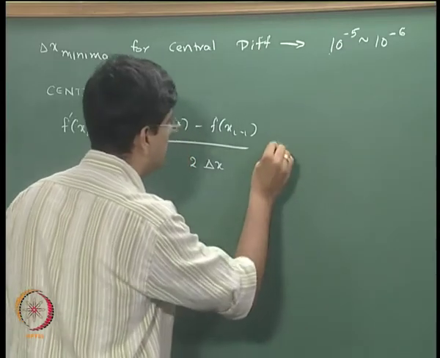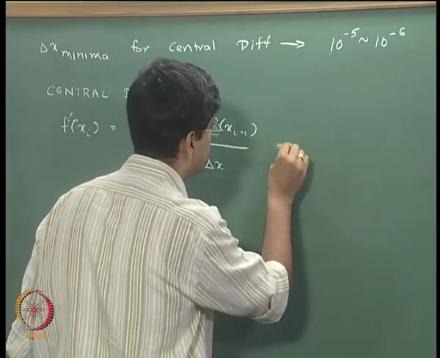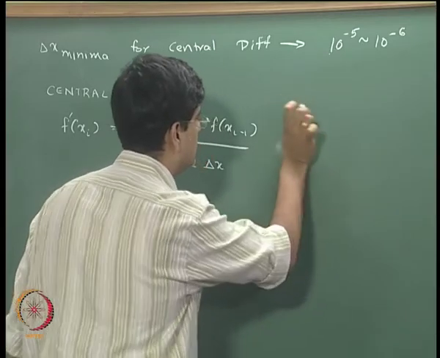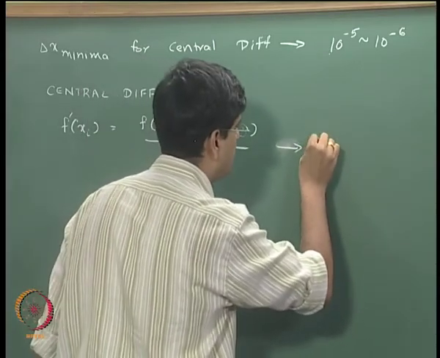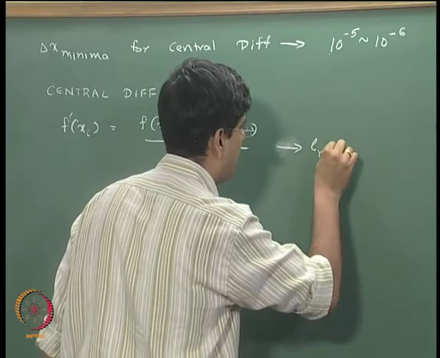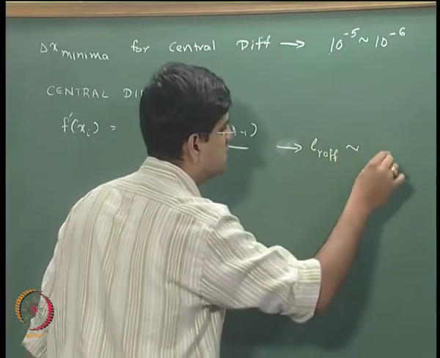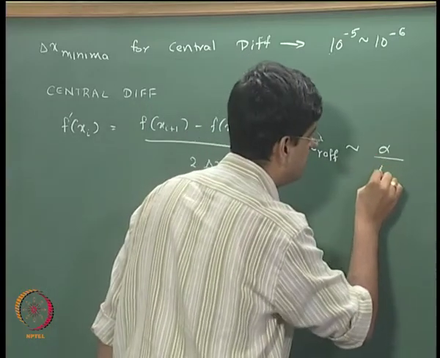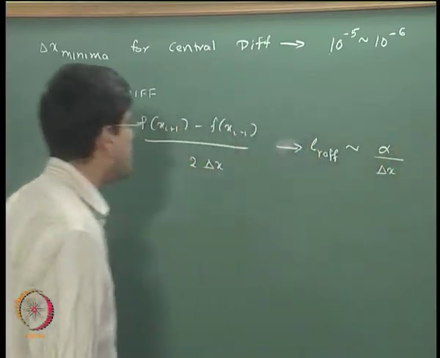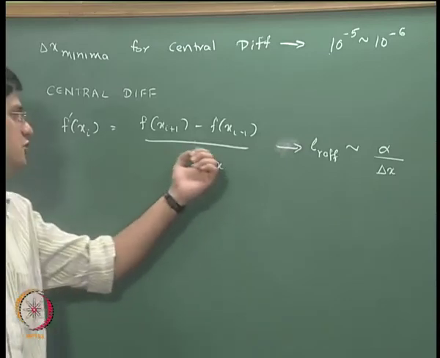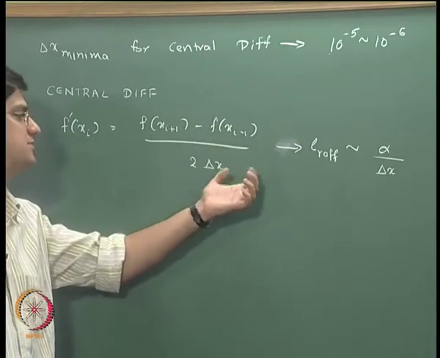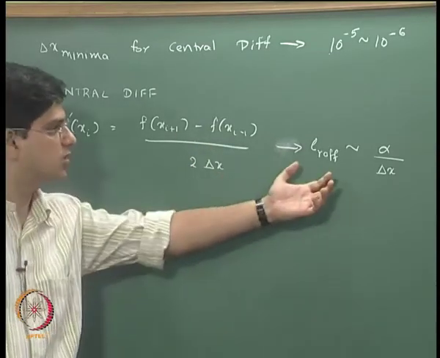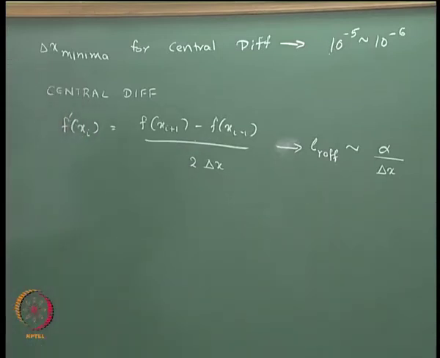The round off error in this particular case is equal to some alpha multiplied by delta divided by delta x, where alpha in this particular case is going to be the absolute value of f of xi plus 1 divided by 2. That is what the round off error is going to be proportional to.